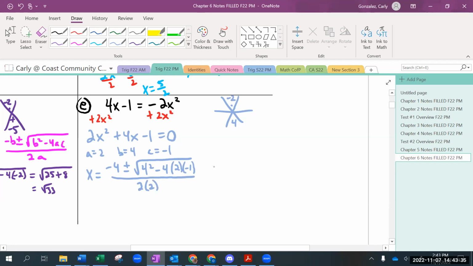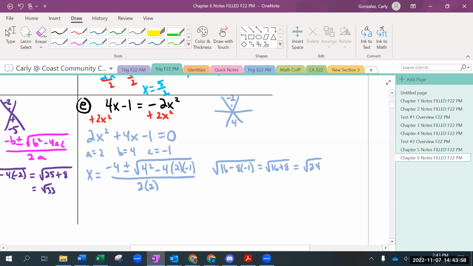Again, let's simplify under the square root. 4 squared is 16, and then minus 8 times -1. This just turns into the square root of 16 plus 8, or the square root of 24.